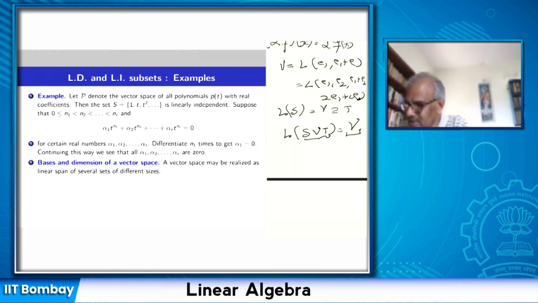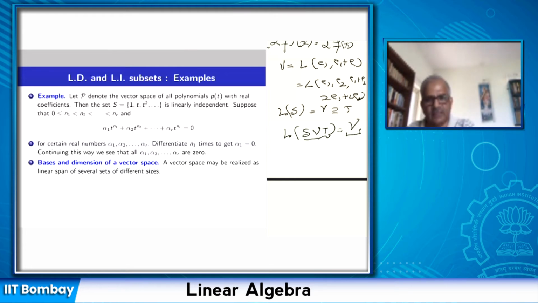But in practice, we want to take the smallest set whose linear span is a given space. We study properties of smallest sets whose linear span is a given vector space.